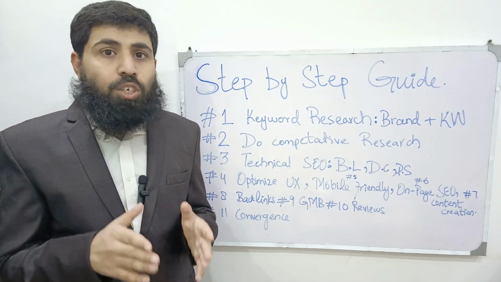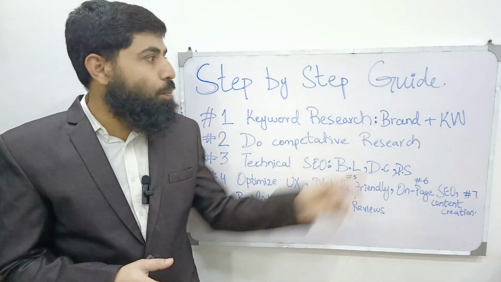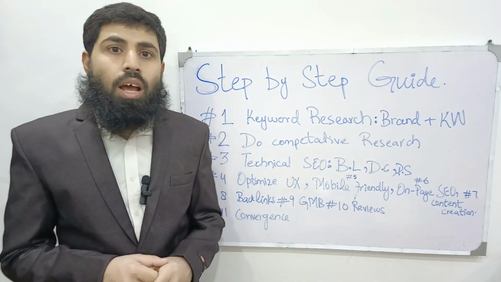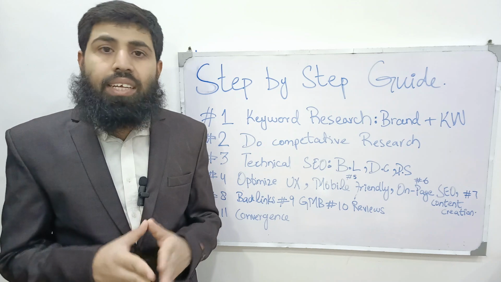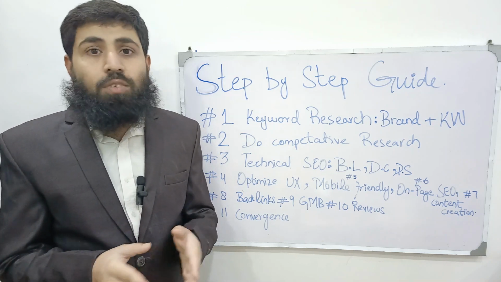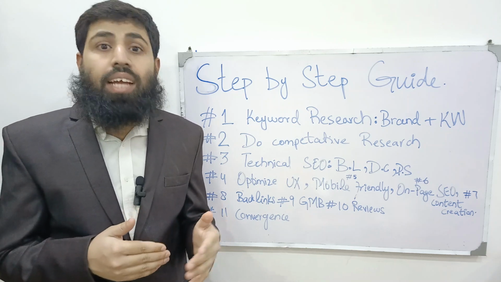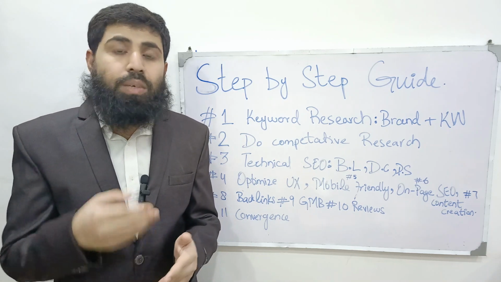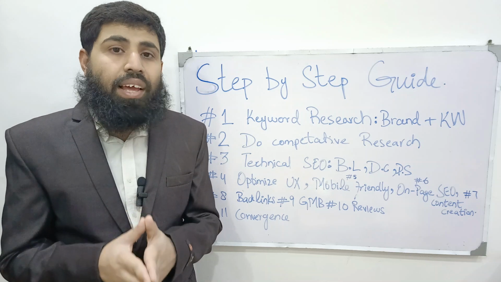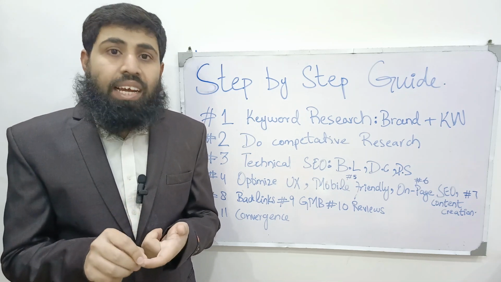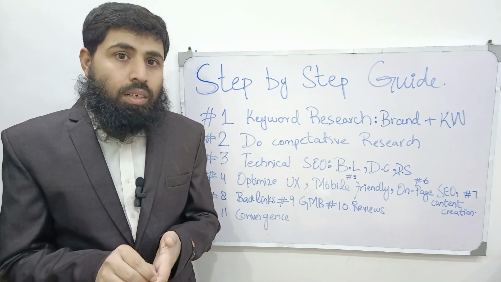But in short, we see all the businesses have brand plus keyword. For example, XYZ brand in New York City or XYZ brand in California. So there are different ways you can optimize your title or your business name, but in short, all have some keywords like near me or city name.